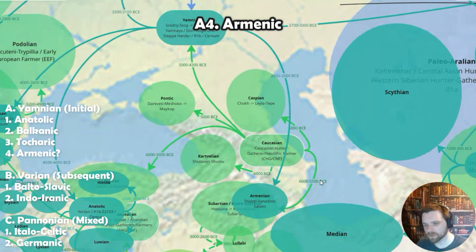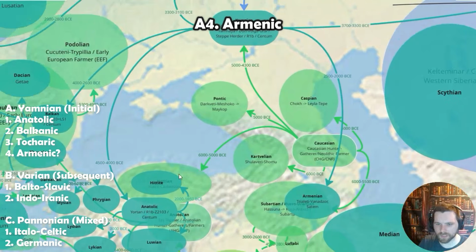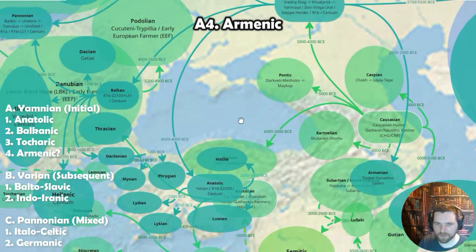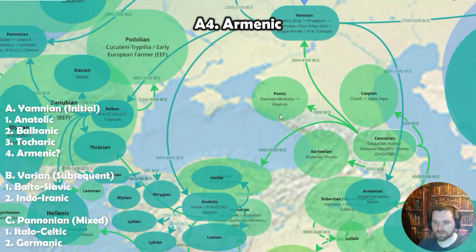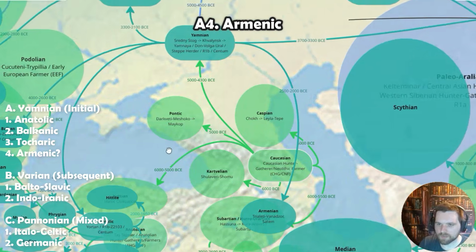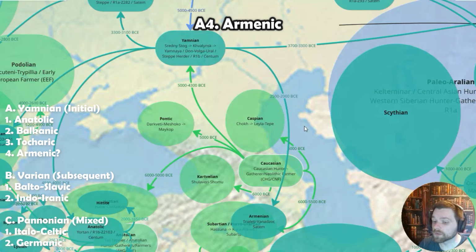When we look at the Armenians, we see that its language is closely linked to Hellenic, oddly enough, on the other side of Anatolia. And I'm not even entirely sure about what's going on here.